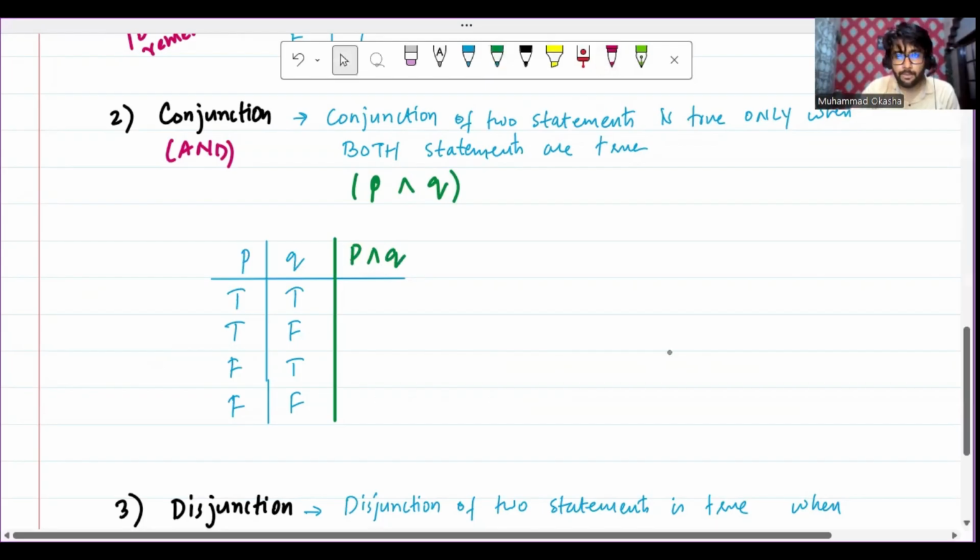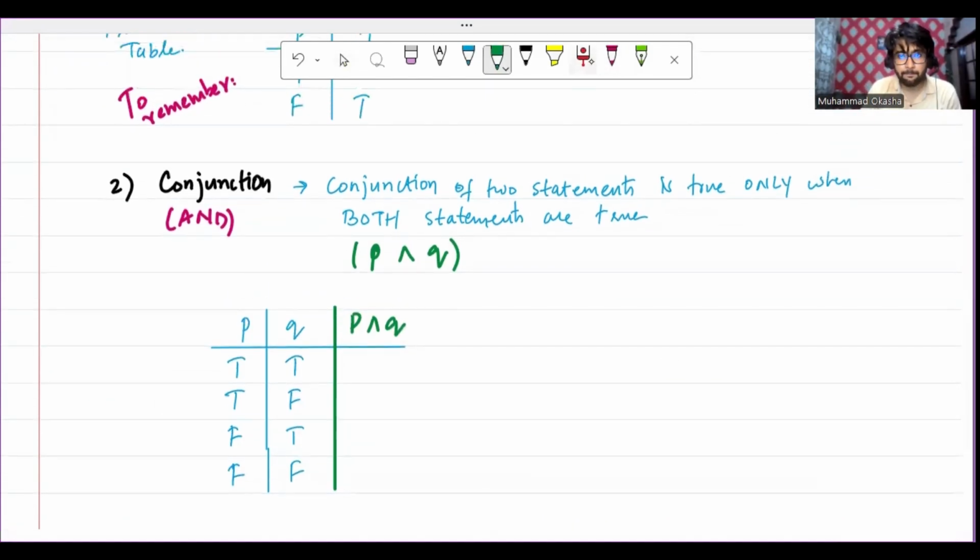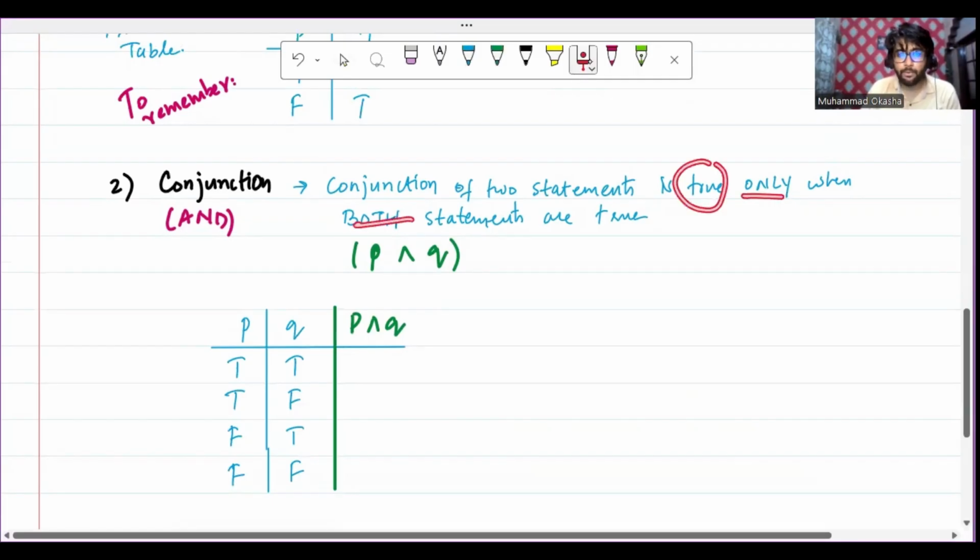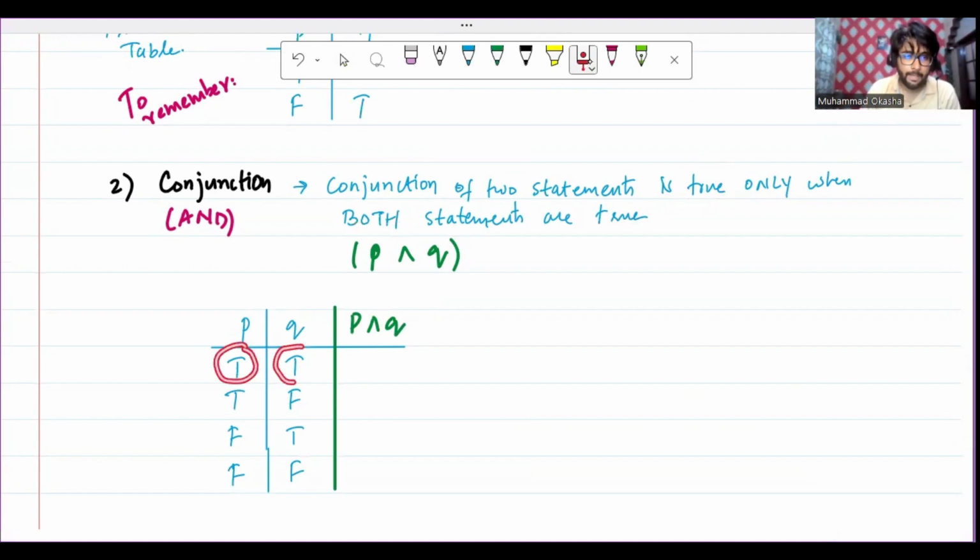Now, when we're doing conjunction, let's read the statement again. Conjunction of two statements is true only when both statements are true. Only when P is true and Q is true will their conjunction be true. Otherwise, if any one of them is false, then their conjunction will also be false, right?